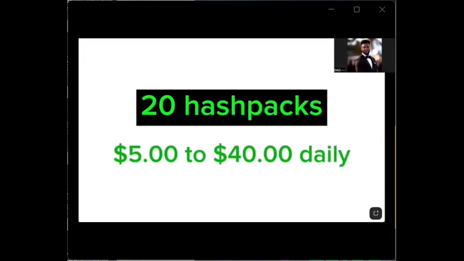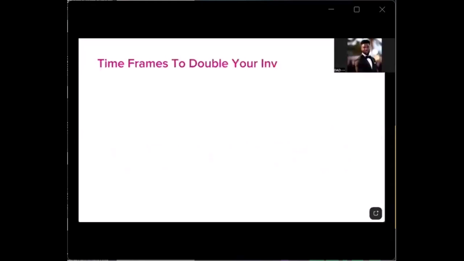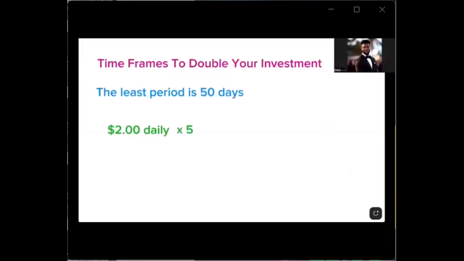Simple logic. Now let's look at the time frames to double your investment, right? While no one can predict exactly how long it will take, we know that the shortest period is around 50 days. Why? Because if the system pays you $2 daily, it will take 50 days to make $100 or double your investment.